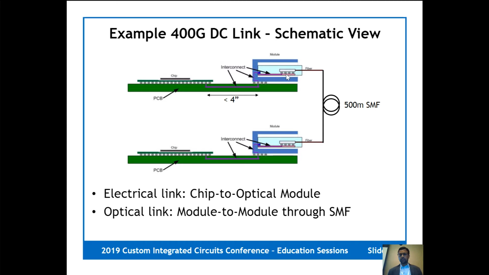And then the optical transceiver itself, which typically includes the retimer and the optical interface circuits sitting in the module housing, and then it communicates through single mode fiber to the corresponding circuits on the other side. So the key thing to note here is there are actually two distinct links. One is a relatively short electrical link from the switch IC to the module, and the other one is a longer optical link through single mode fiber.